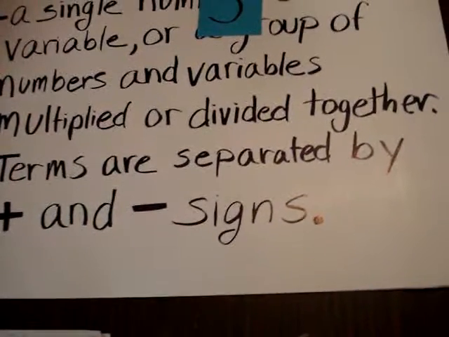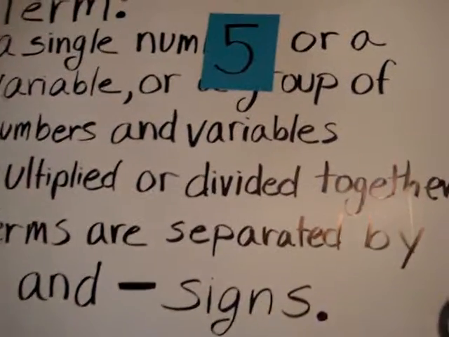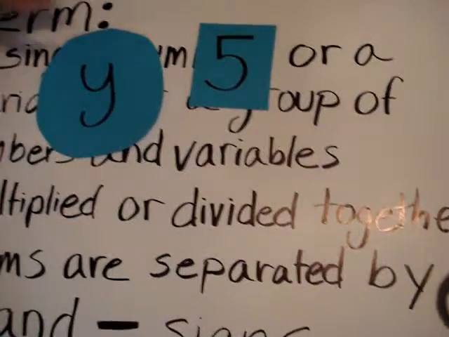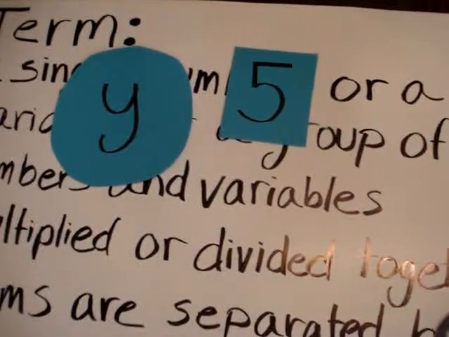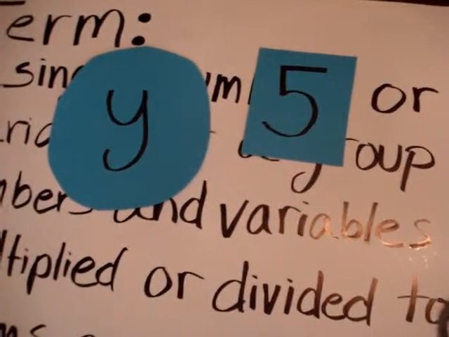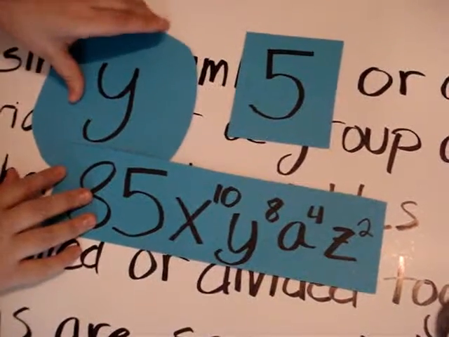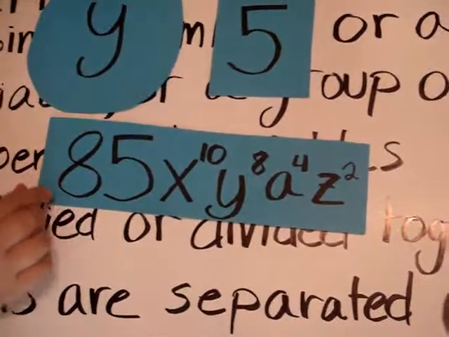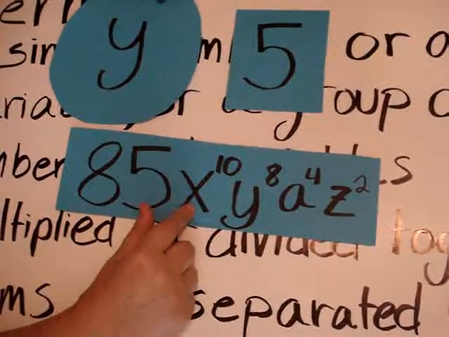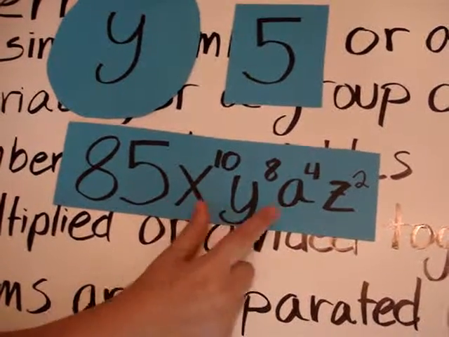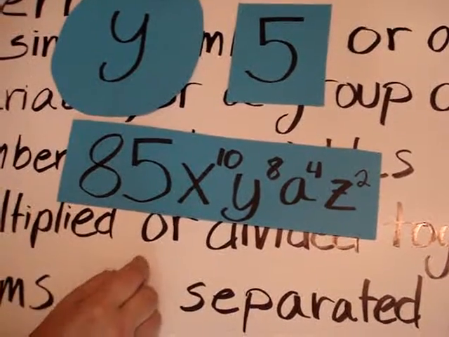This is a term. It's a single number. This is a term also. It's just a single variable. Terms can contain multiple numbers and variables that are multiplied together, like this term. This term is 85x to the 10th, y to the 8th, a to the 4th, z squared.